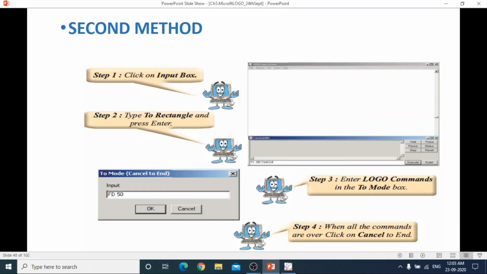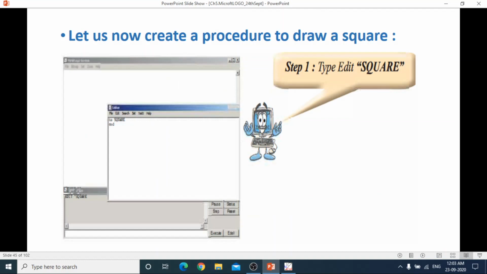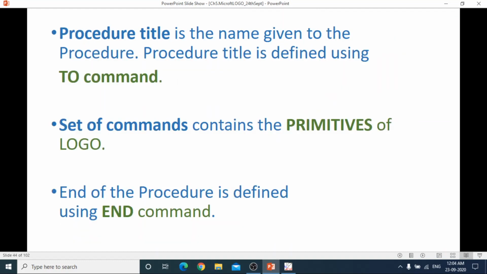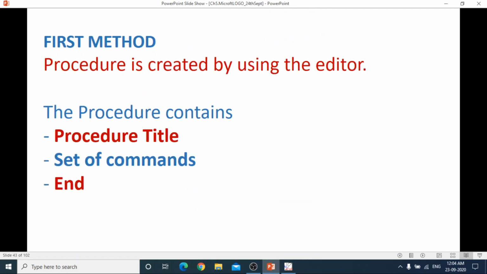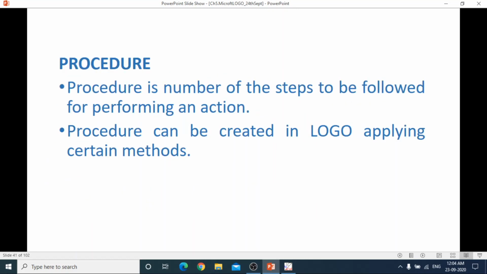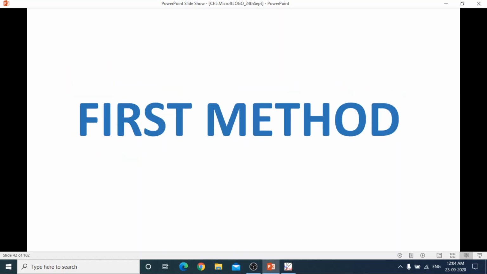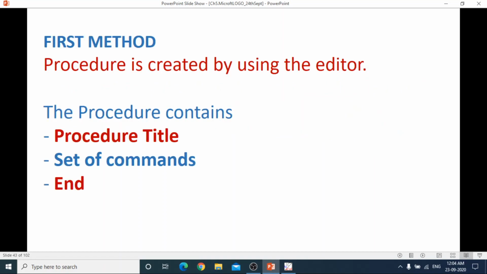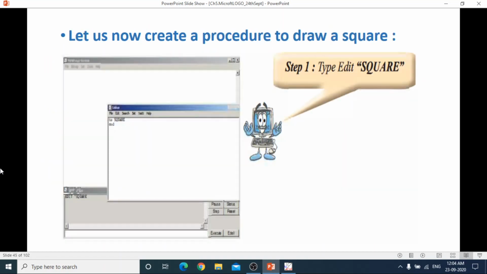See again, what is the use of procedure? Procedure is the number of steps to be followed for performing an action, okay. Now the first method, using editor.